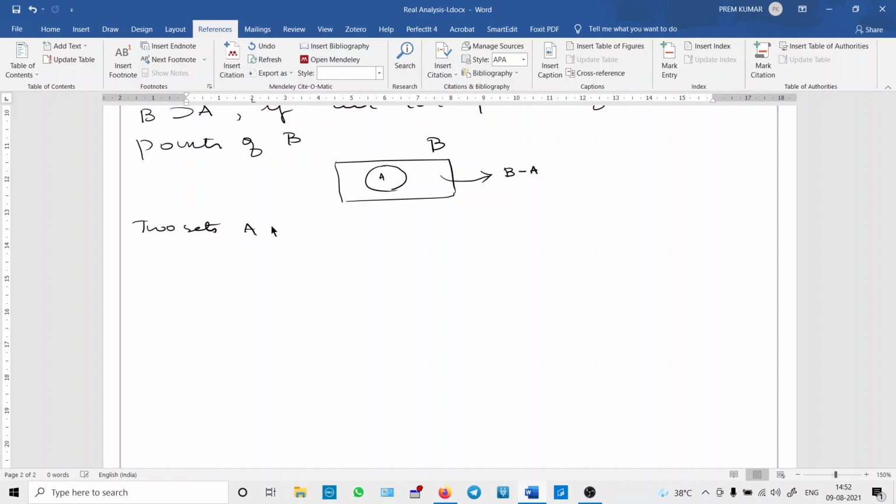Two sets A and B are said to be equal if and only if, this is a symbol we use, the sort of notation, if and only if A must be a subset of B, and also B must be a subset of A. Both these set relationships must be satisfied. Only then we say that A is equal to B.